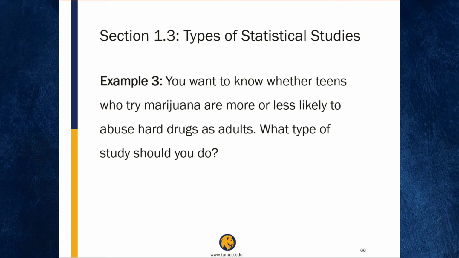So here it says you want to know whether teens who try marijuana are more or less likely to abuse hard drugs as adults. What type of study would be appropriate? Experimental or observational? Retrospective or prospective?